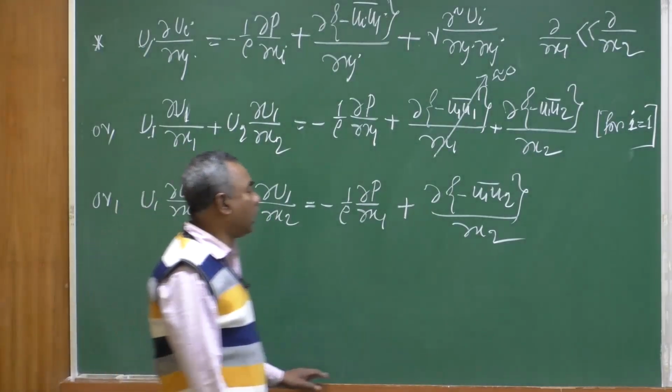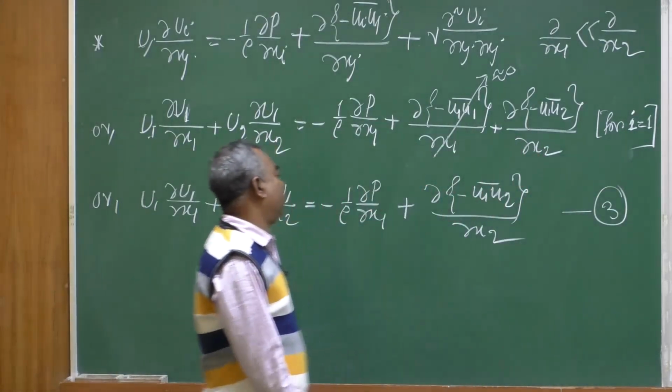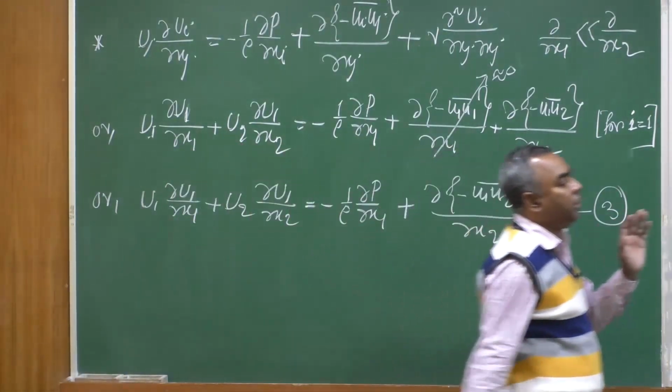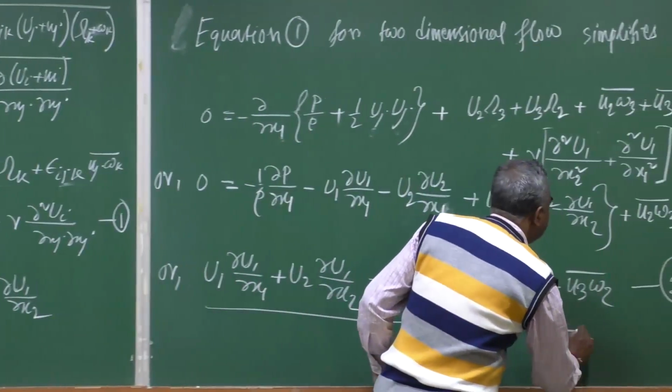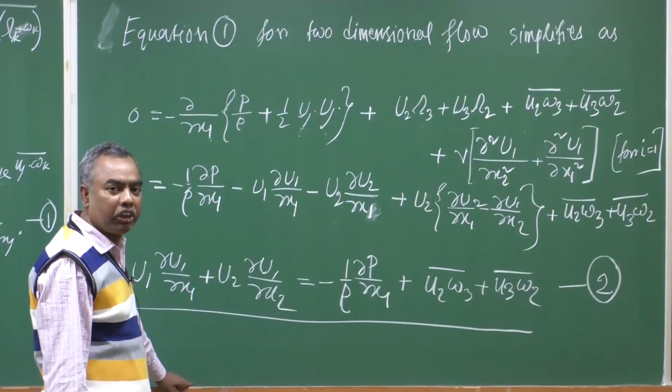Let us say this equation is our equation 3. Now, note that equation 3 and equation 2 are for the same two dimensional flow, so we can compare both these equations.